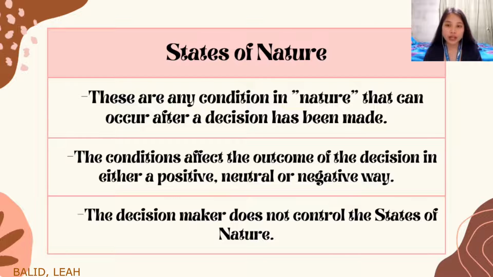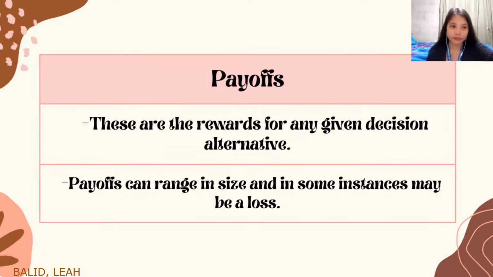These are any condition in nature that can occur after a decision has been made. The conditions affect the outcomes of the decision in either a positive, neutral, or negative way. The decision maker does not control the states of nature. Payoffs. These are the rewards for any given decision alternative. Payoffs can range in size and in some instances may be a loss.